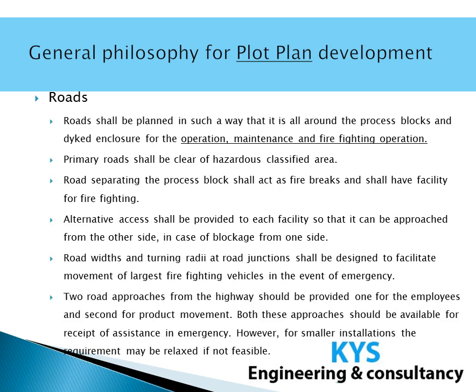Two road approaches from the highway are preferred, one for employees and the other for product movement, and both these approaches shall be there for the receipt of help in case of any emergency. However, if we have a smaller installation or smaller plant, this requirement can be relaxed if not feasible.